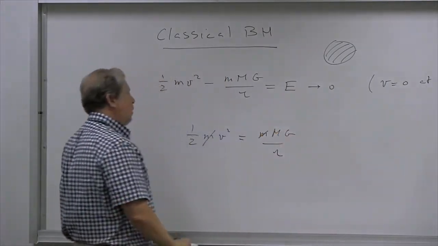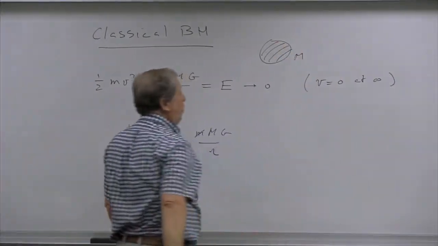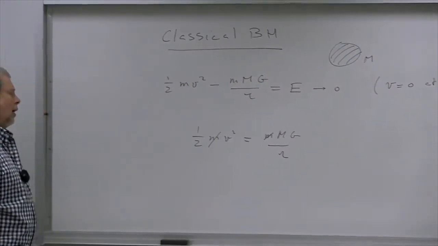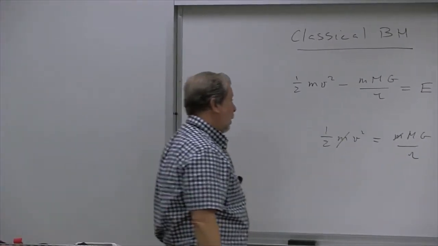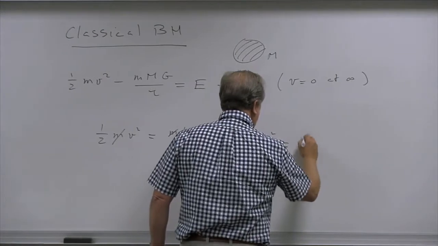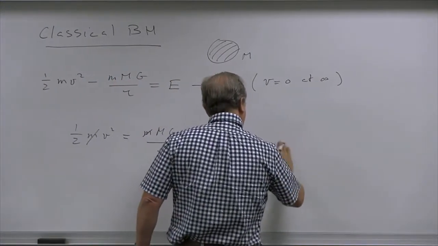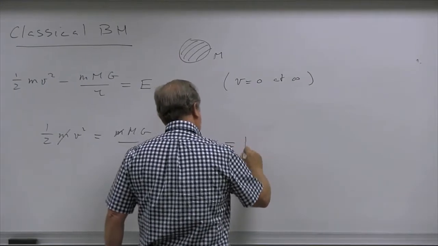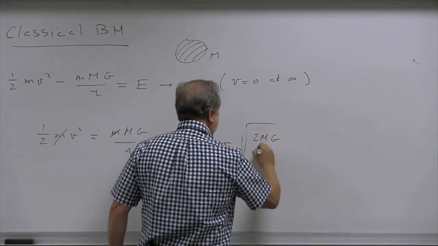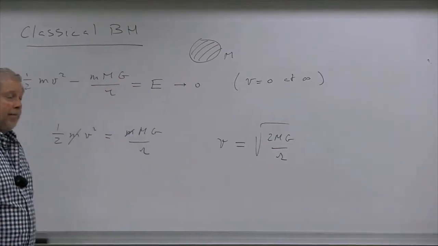You can cross the mass of the particle itself out, and so the object you're dealing with here is an object like the sun that has a mass which is capital M. So as a result, you have that v is equal to the square root of 2MG divided by r, right? And so this would be the escape velocity.